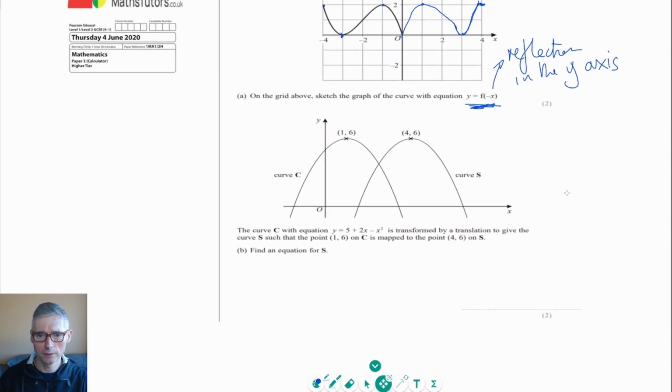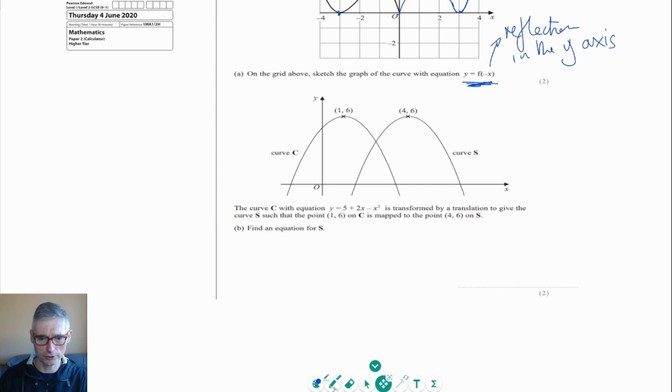Part B, we've actually got another graph transformation, and it says that this curve here, which is curve C, so it's important to make sure we know which one we're talking about, has been transformed by a translation to take it to curve S, so this one.